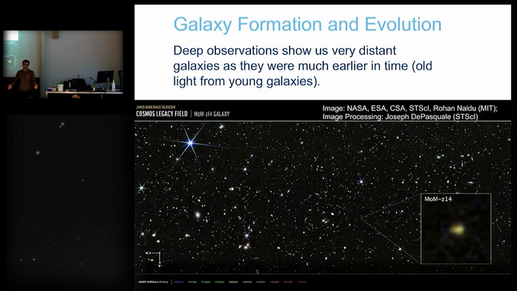For example, with a lot of new data from the Webb telescope, we can ask: does the galaxy distribution at, say, a redshift of around 6, 7, 8 resemble that of the galaxy distribution today? That is, do we also see big spirals like the Milky Way? Do we see giant elliptical galaxies, or do they have different shapes? That's how we can learn about galaxy formation and evolution, through observations across cosmic time.